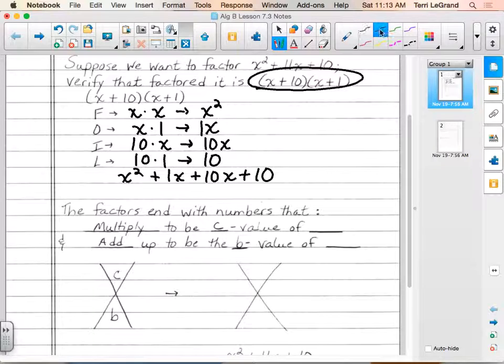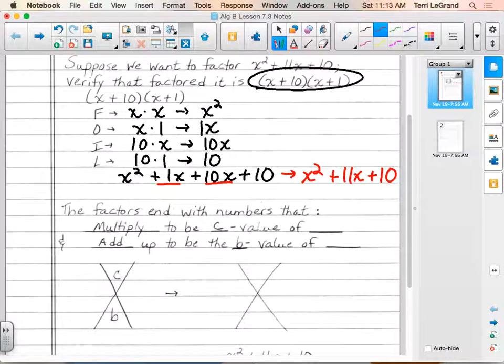We have those like terms here in the middle, so we can rewrite this as x squared, a 1x plus a 10x is 11x. So x squared plus 11x plus 10 is the product of those two binomials, in this case known as factors.